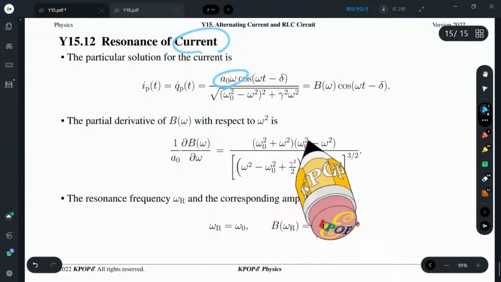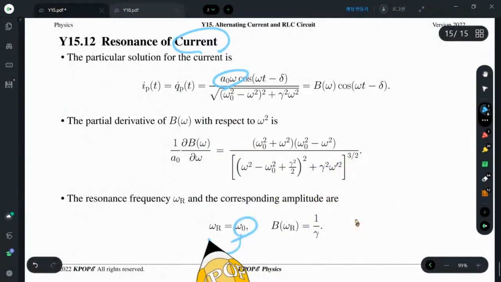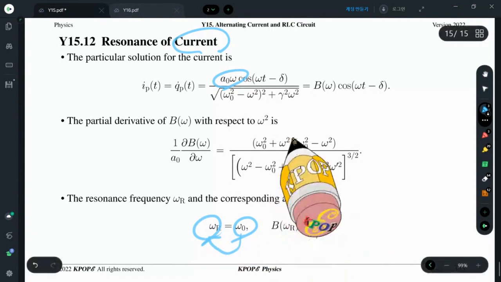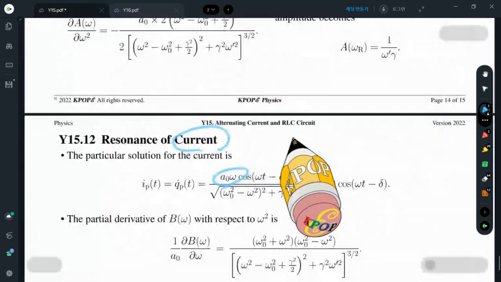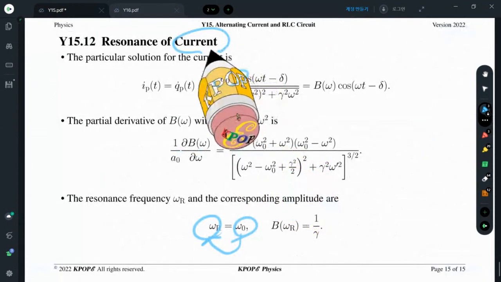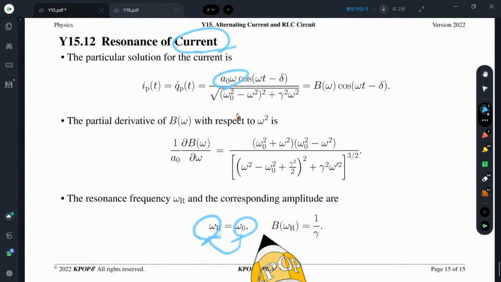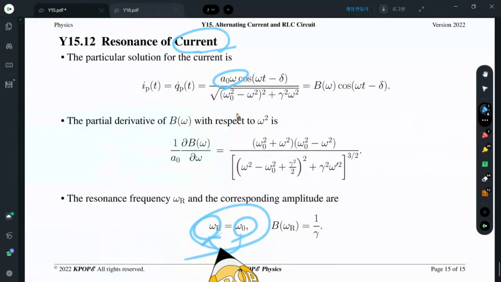In that case, the exact value of omega 0 is the same as the resonance frequency. So this is slightly different from the analysis for the displacement. The velocity of the simple harmonic oscillator corresponds to the current in the circuit, and we have a very trivial relation for the resonance frequency.